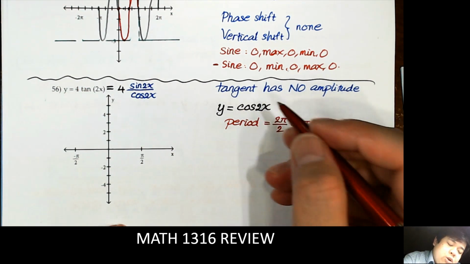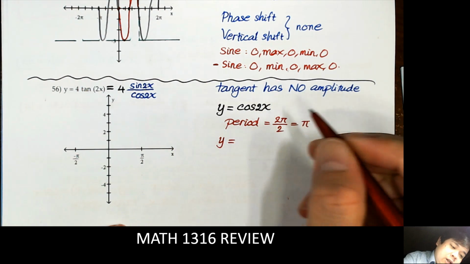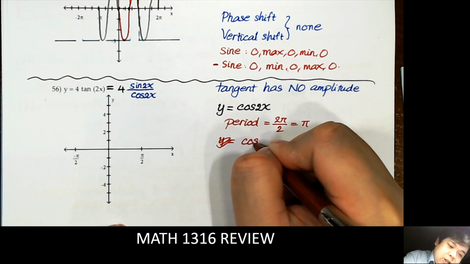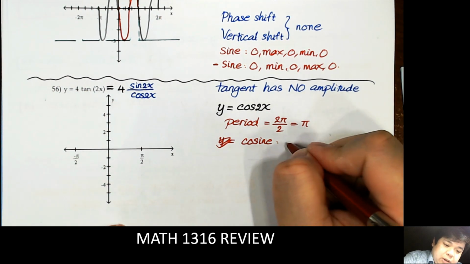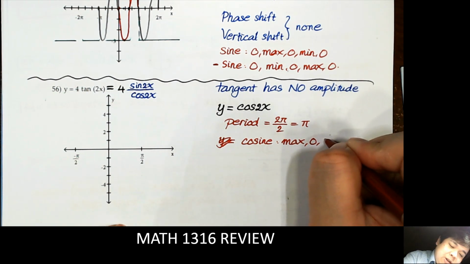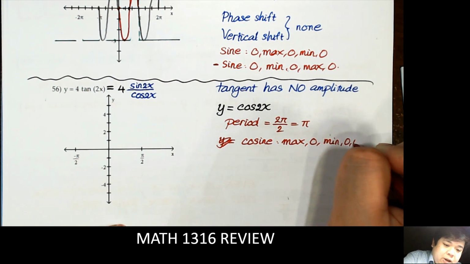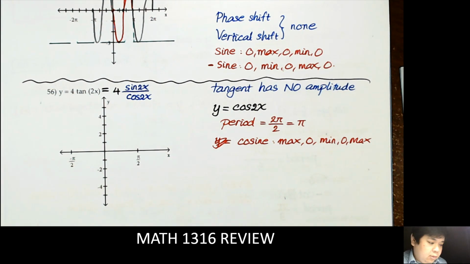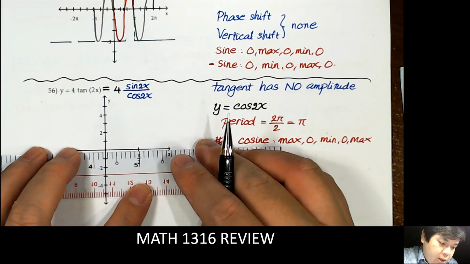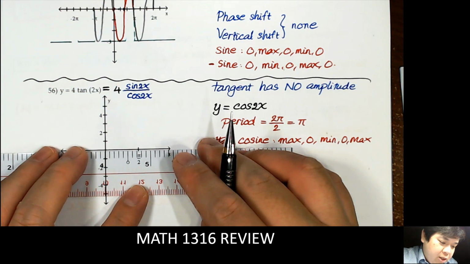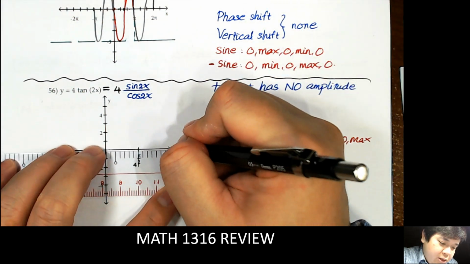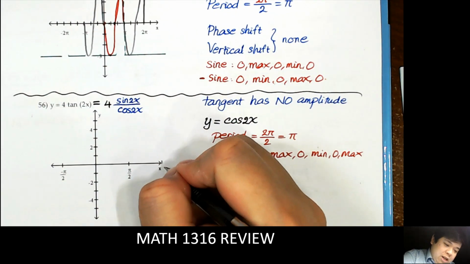And the pattern for cosine is: start with the max, 0, min, 0, and max. So if this is pi over 2, the same thing, so that's about here, that is pi.